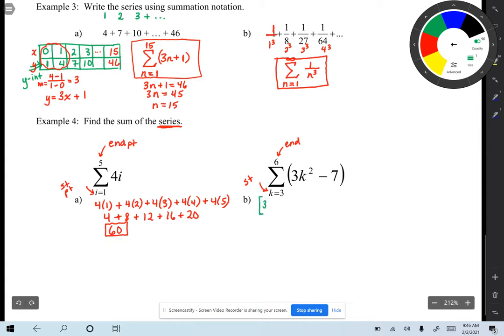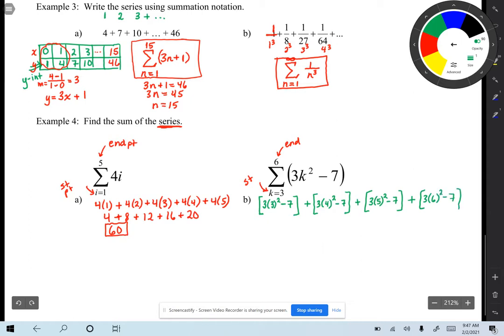So 3 times 3 squared minus 7, plus 3 times 4 squared minus 7, plus 3 times 5 squared minus 7, plus 3 times 6 squared minus 7, since we end at 6.